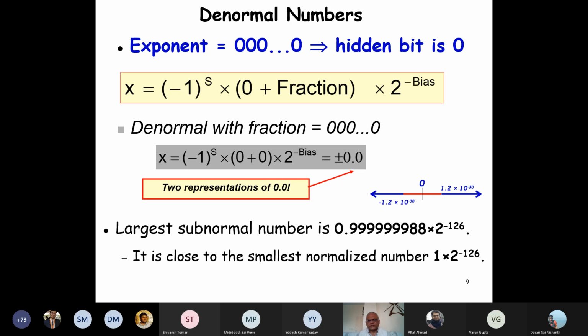Then if we look at the smallest normal floating point number, they are very close. So we have closed the gap. That's the purpose of denormal numbers. If you get a number which is likely to cause underflow, because of this gap between 0 and the smallest number that you can represent, the computer uses the denormal numbers.